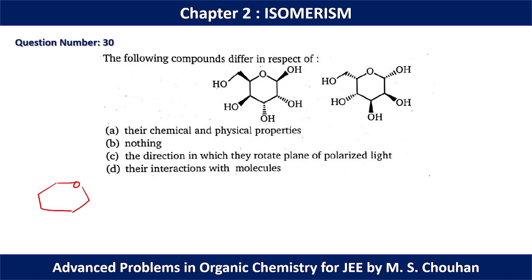We can apply the numbering. At 1 we have oxygen, at 2 we have CH2OH, so this is above the plane, and below the plane we have hydrogen. So we can just draw the functional group CH2OH. We are not drawing hydrogen. Again at 3 we have OH, at 4 we have another OH, at 5 we have another OH, at 6 we have another OH above the plane.